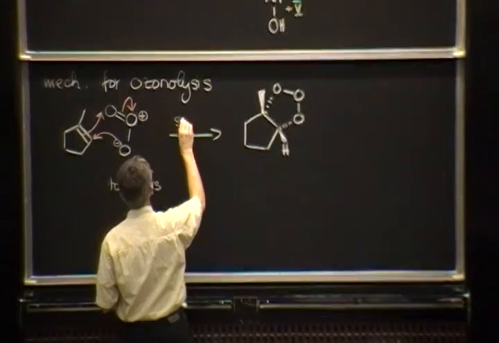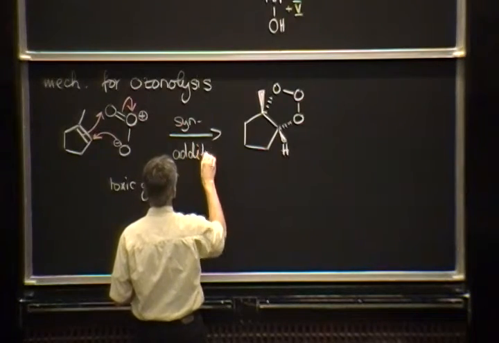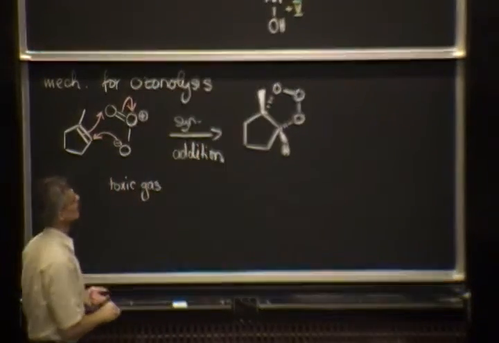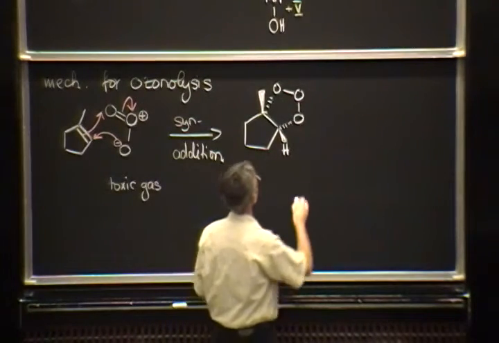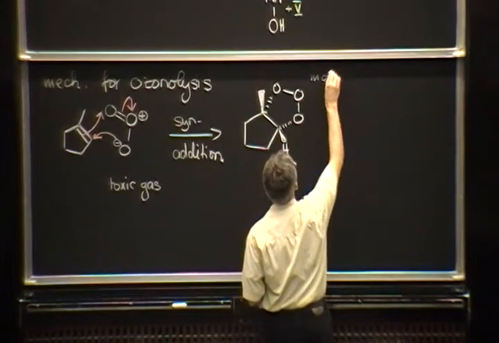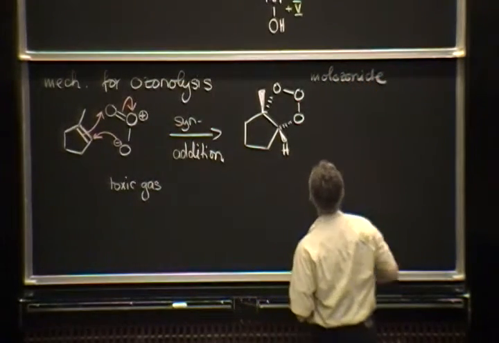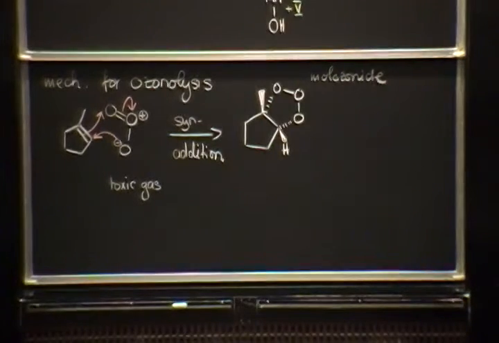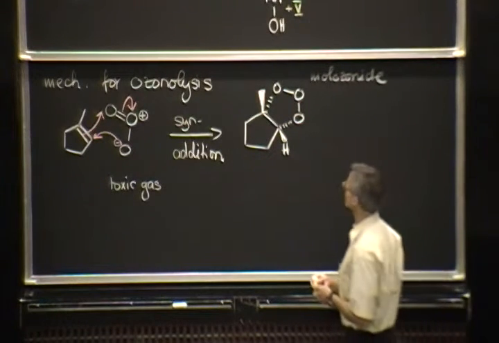So we get a syn addition across the double bond, and we get this intermediate, which looks very dangerous, the molozonide. It's a very reactive compound, and so it decomposes in situ. That's the good news about this compound, actually, and I'll get back to that in a minute.